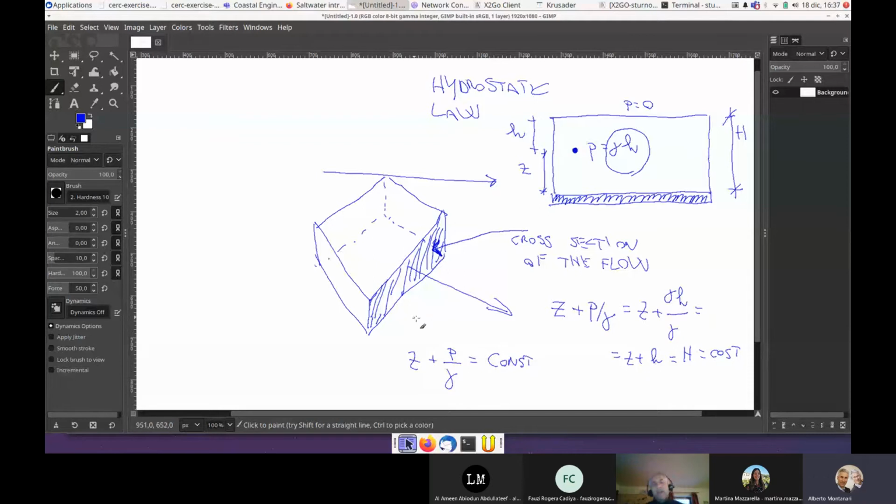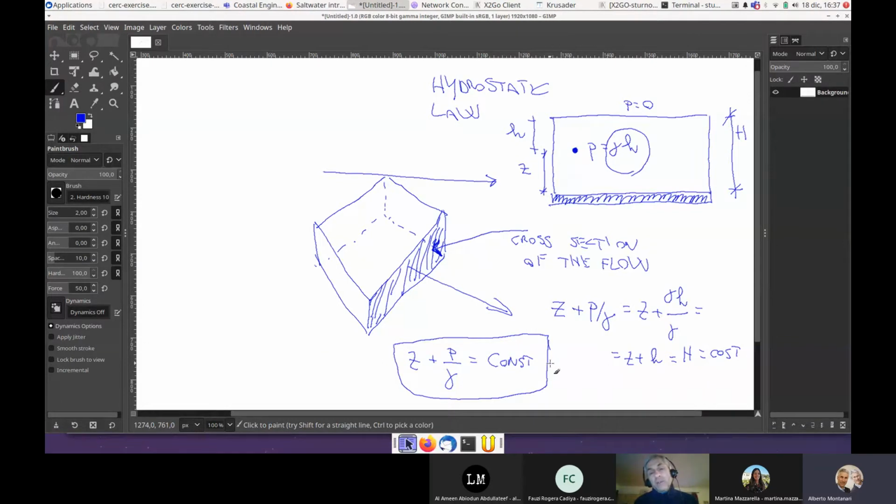This hydrostatic law is valid for 1D groundwater flow. For 2D water flow, this is not valid. But for 1D groundwater flow, we can assume that the hydrostatic law applies.